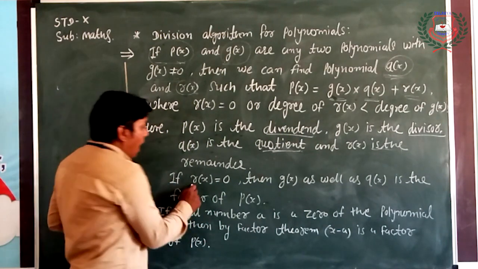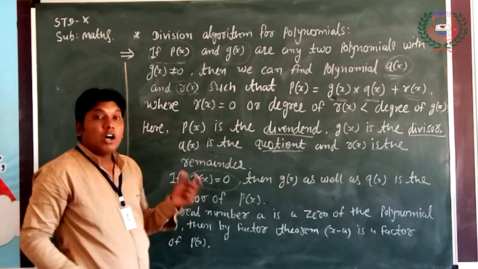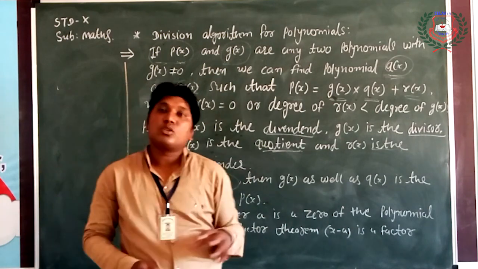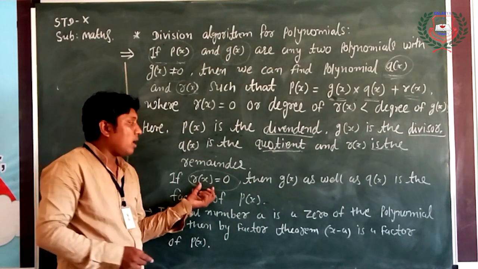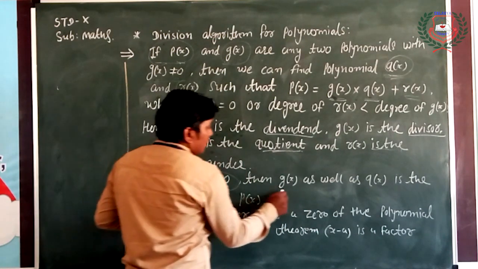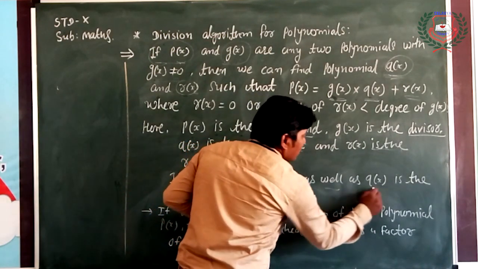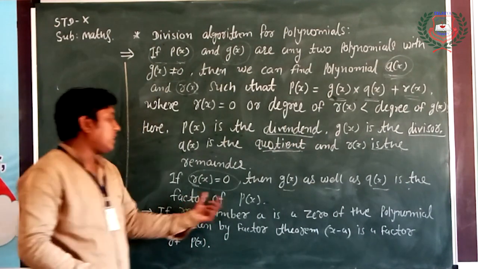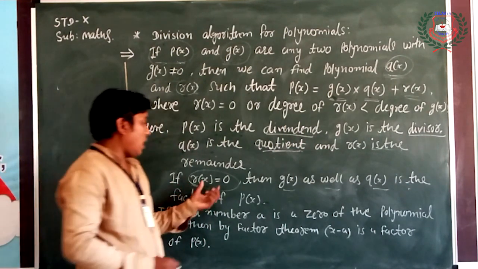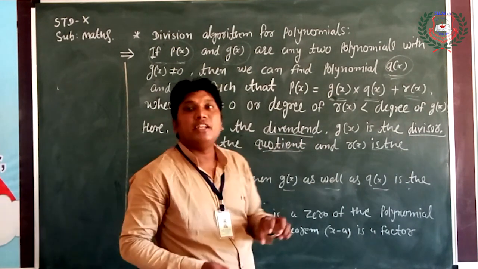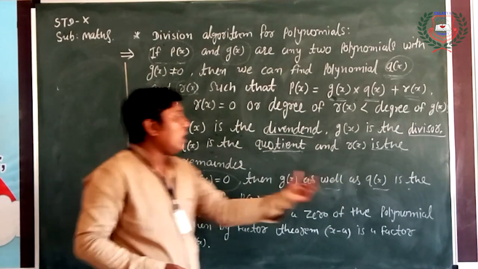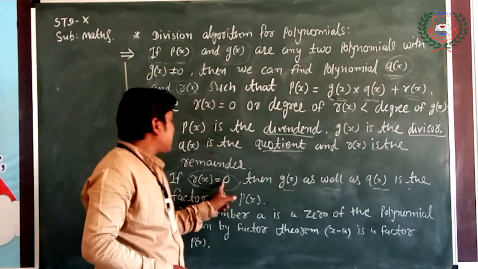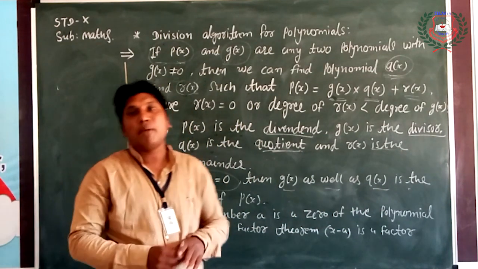If r of x is equal to 0, अगर किसी भी पॉलिनोमियल को हम g of x से डिवाइड करें और उसका रिमाइंडर 0 रहेगा, then g of x as well as q of x are factors of p of x. तो जब हमें रिमाइंडर 0 मिलता है तो g of x और q of x दोनों p of x के फैक्टर बनेंगे.